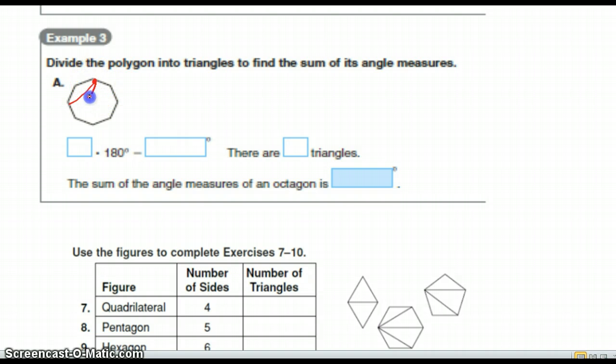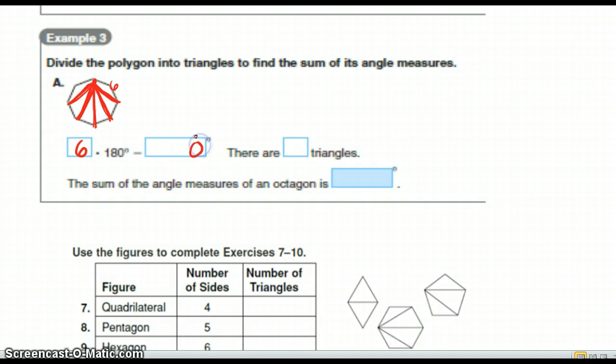Now every triangle I make is going to come from just that same vertex as I'm drawing down to a vertex across from it. So one triangle, a second triangle, third triangle, fourth triangle, fifth triangle, and there's number 6. So I got 6 triangles out of this polygon.